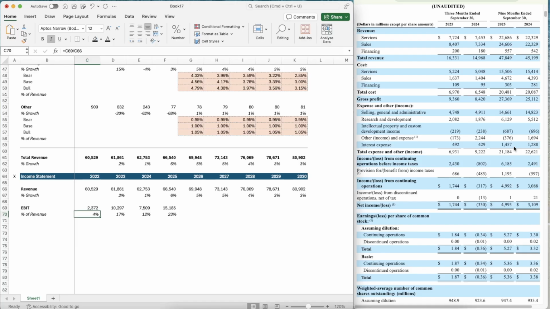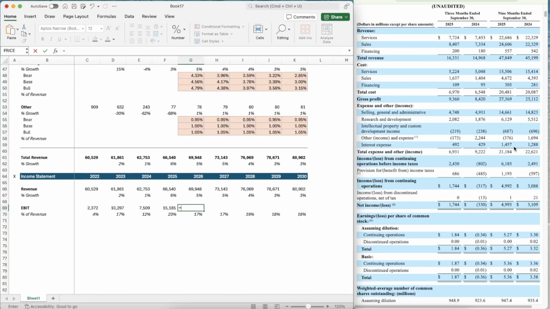I wonder why. The margin was quite low and it was fluctuating as well, 4%, 17%, 12%, now 23%. You want to see that a lot more stable. Let's take the average of the last 3 years and just pull it out so that we'll settle on maybe between 17 and 19% EBIT margin.